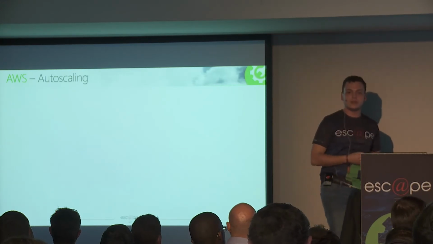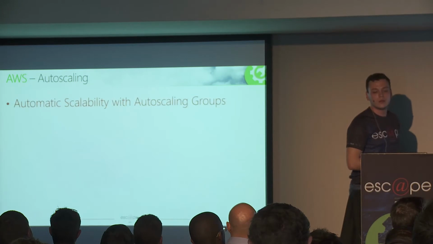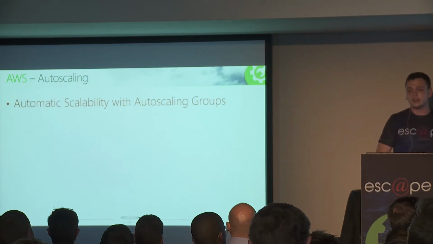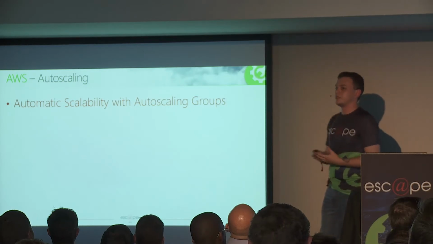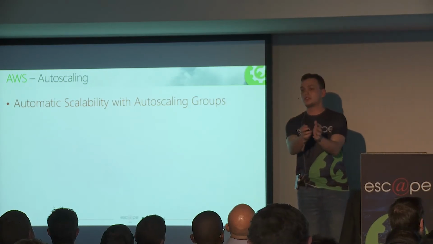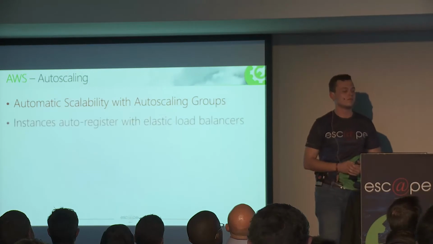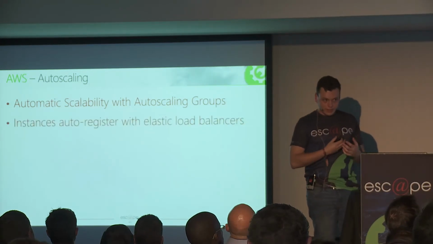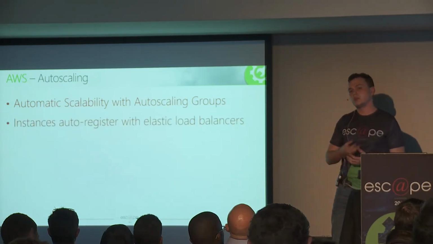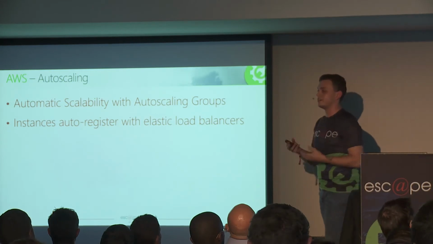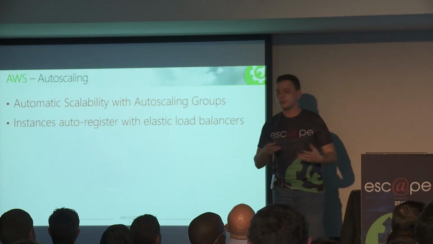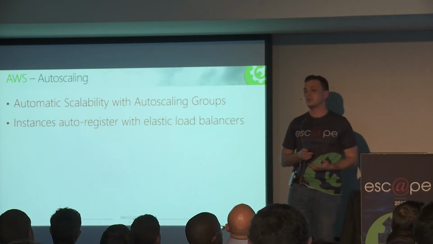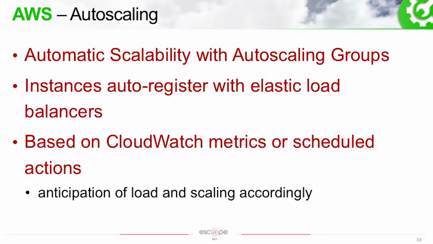But within EC2, you get this thing called auto-scaling, where you get automatic scalability by defining auto-scaling groups. And an auto-scaling group is essentially just a grouping of specific EC2 instances. And Amazon makes it very easy to use, because if you use something like an elastic load balancer, as I start and remove instances from this group, it will go and auto-register with this ELB.